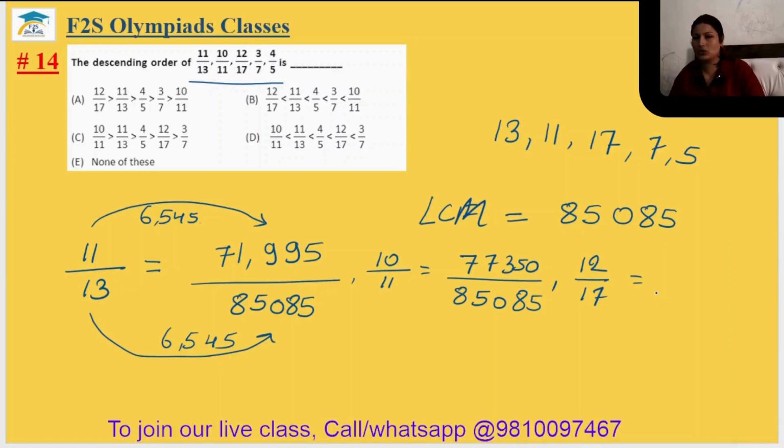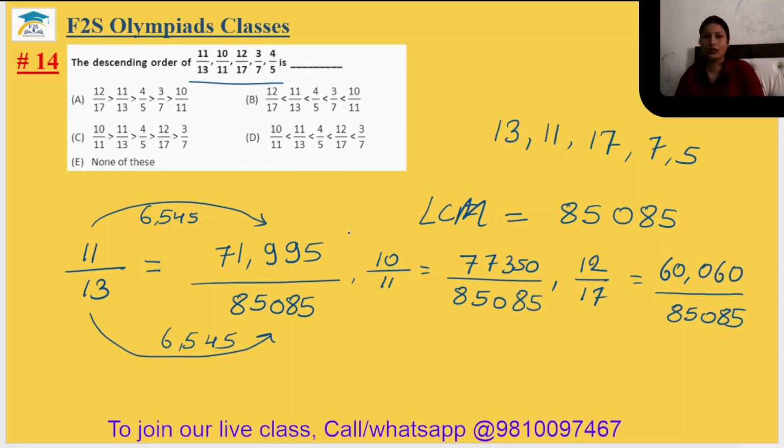You have to make its denominator also 85,085. So if you divide 85,085 by 17, you will get 5005. This 5005 will be multiplied with 12 to make the fraction equivalent. Then you will get 60,060.